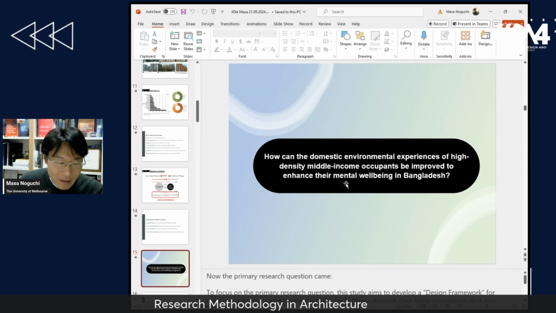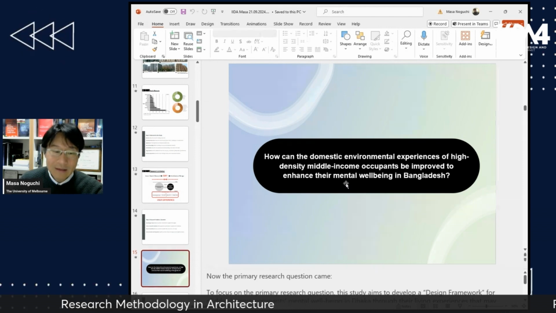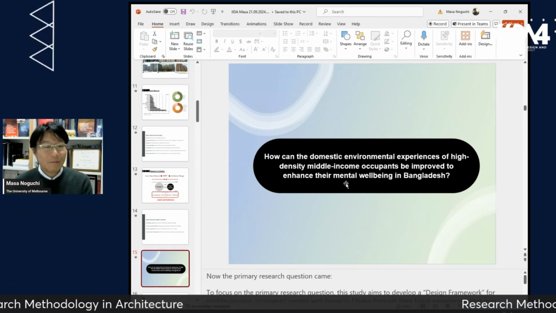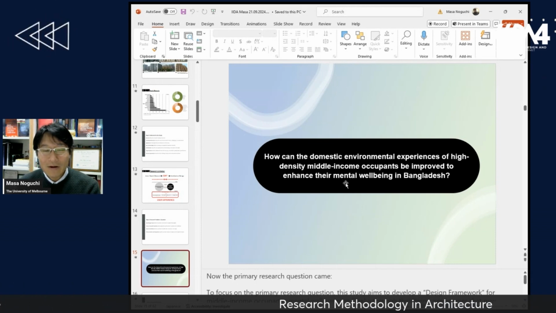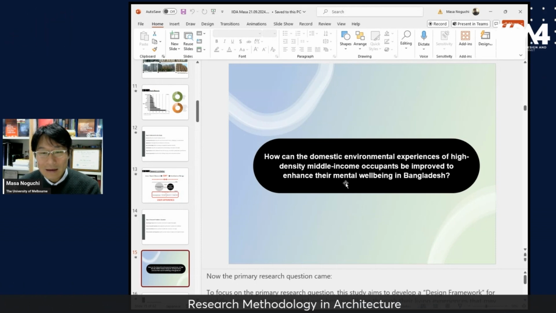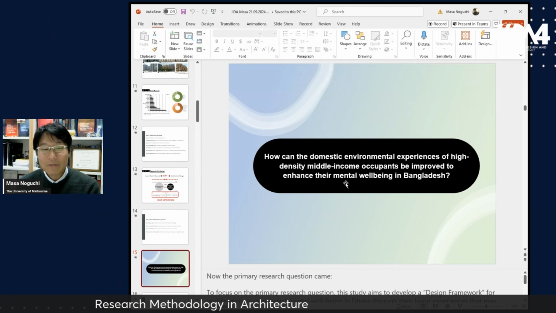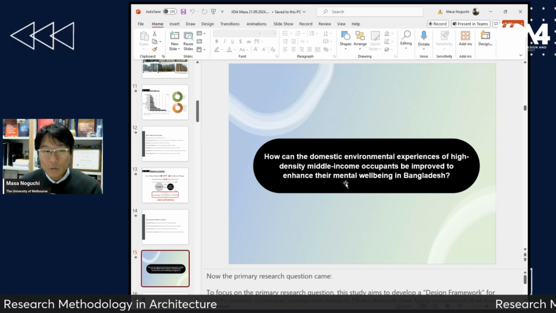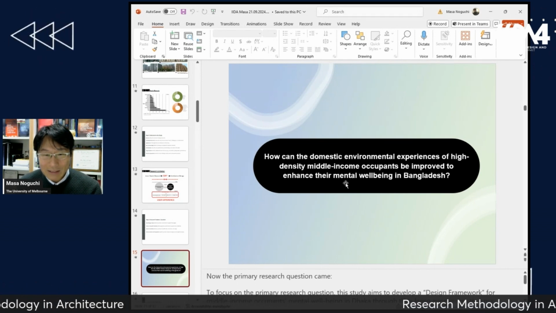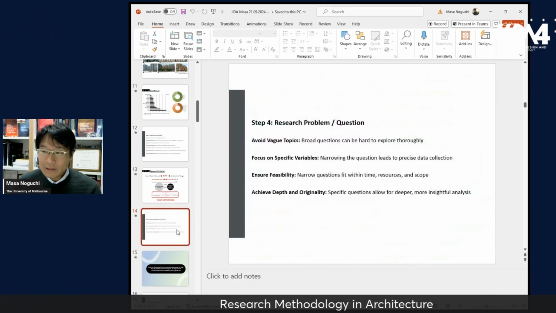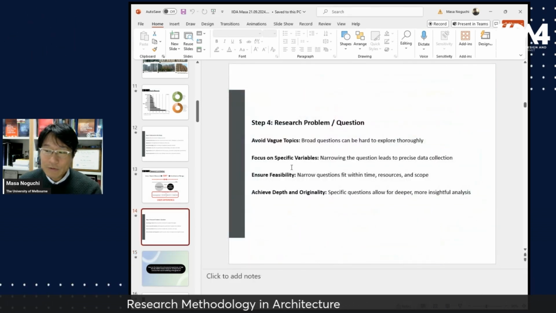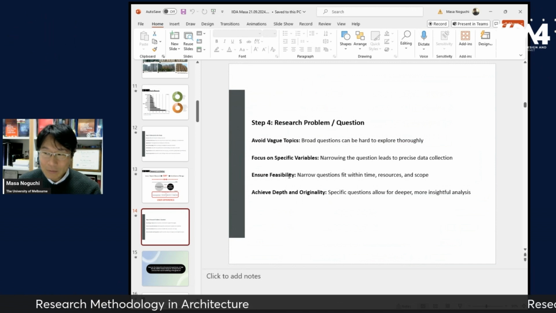There's health and wellness, but his academic background is not medical. So he decided to focus more on wellness, which is manageable. And I showed the slides before. Research questions should be feasible and manageable.